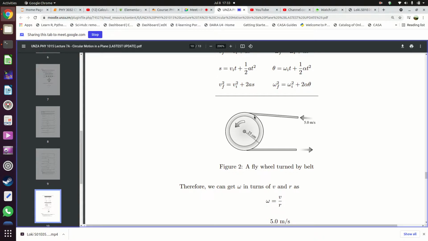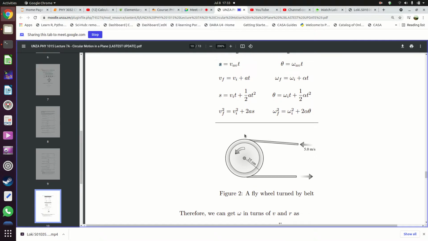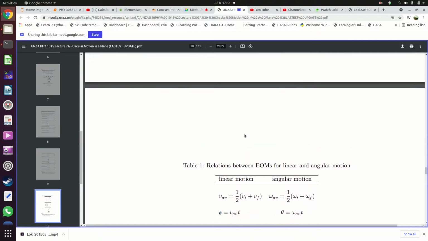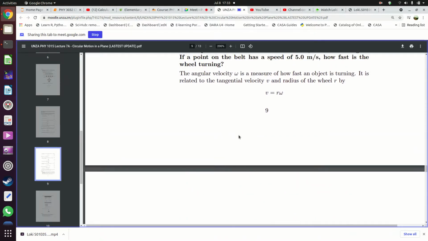So if you know the speed with which any point passes on this particular wheel, which is 5 meters per second, then you can find out how fast the wheel is turning by using this relationship which we have here. V is equal to R, which is the radius of the wheel, multiplied by omega, which is how fast the wheel is turning. The V here is the velocity of the point.